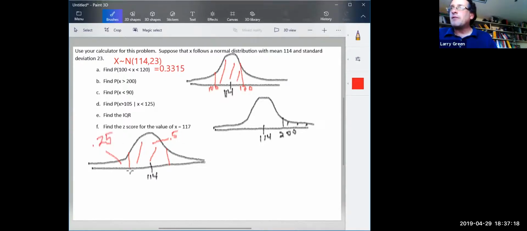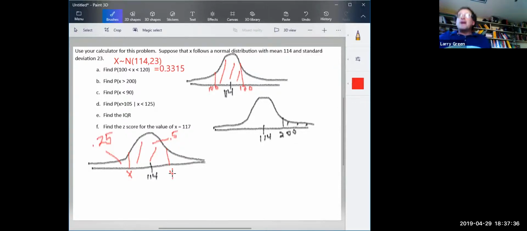And I want to find X. Any questions on how I drew that picture? Okay, I need to find that X, and maybe I'll call this guy Y. I need to find Y also. Any questions on this?